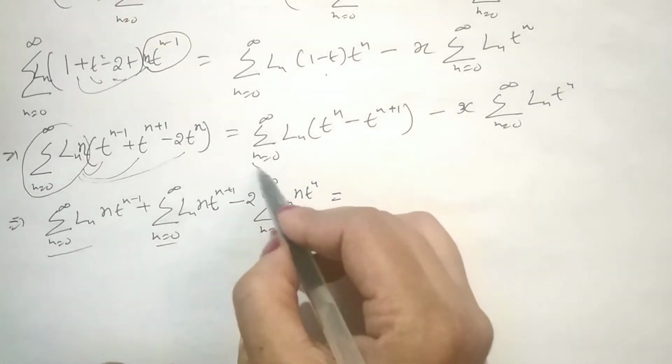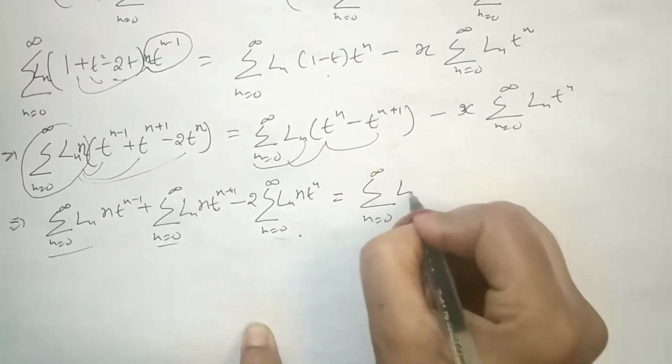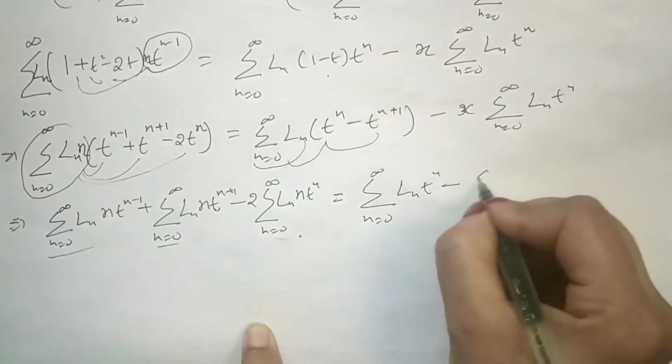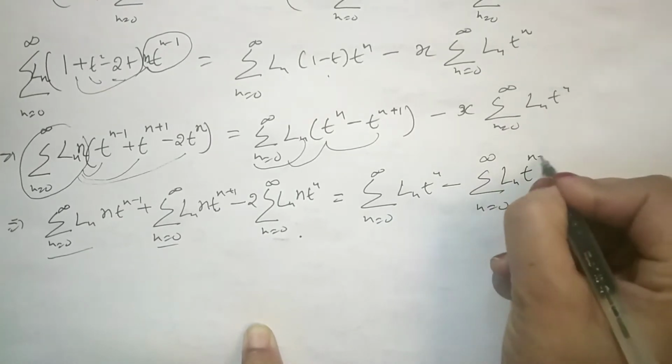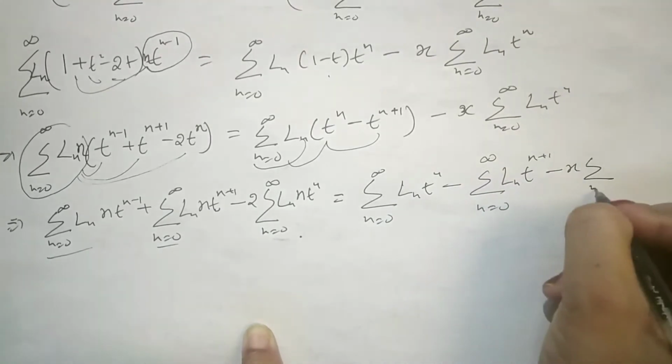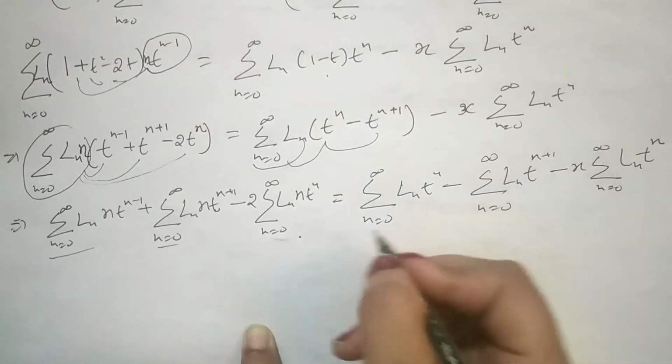And similarly, we multiply this summation with these two terms. We get n varying from 0 to infinity L_n t raised to power n minus summation n varying from 0 to infinity L_n t raised to power n plus 1 minus x summation n varying from 0 to infinity L_n t raised to power n.